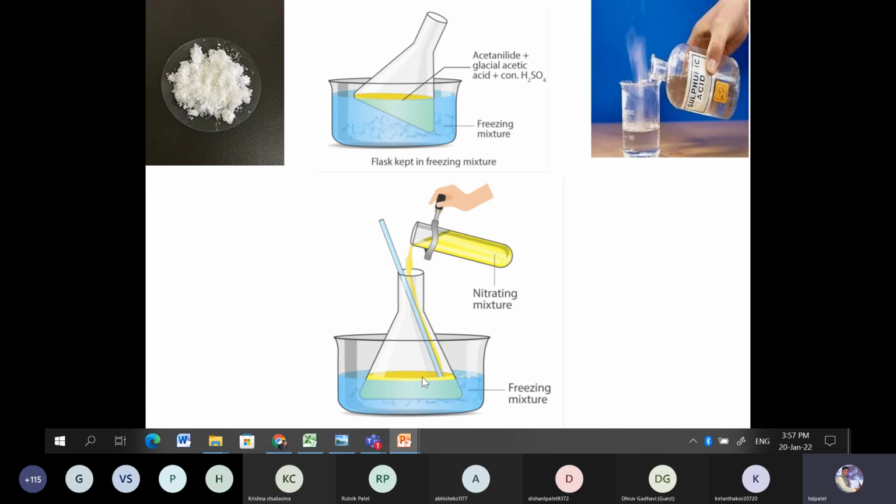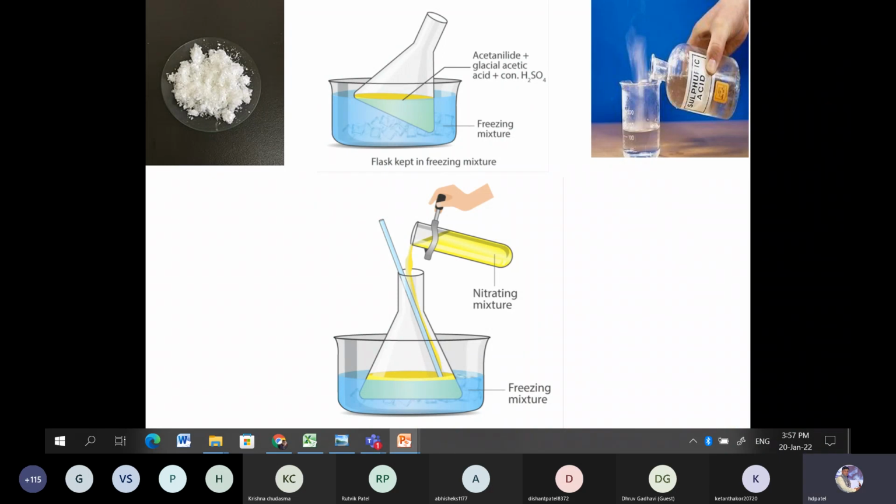When we are adding this nitrating mixture, the reaction is again exothermic, so constant stirring is required, and we also have to maintain the temperature below 10 degrees centigrade. Instead of a glass rod, you can directly use a thermometer for stirring as well as measuring the temperature.